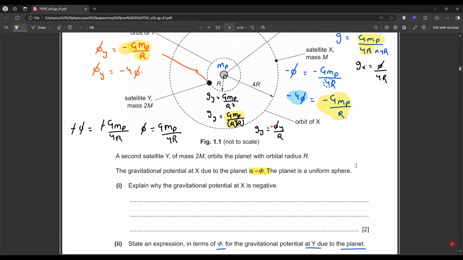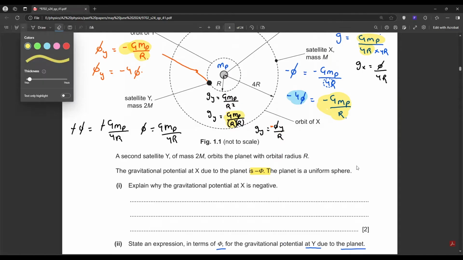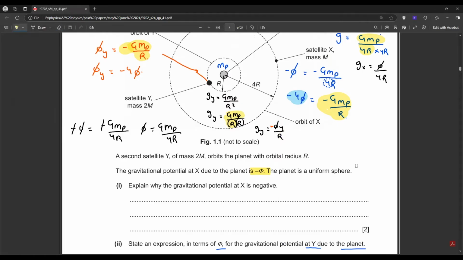You will replace this gravitational potential at y with negative 4 phi. So negative 4 phi divided by r. Your gravitational field strength at y comes out to be 4 phi over r.